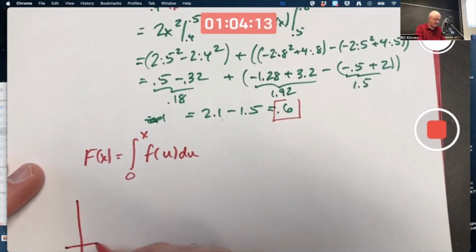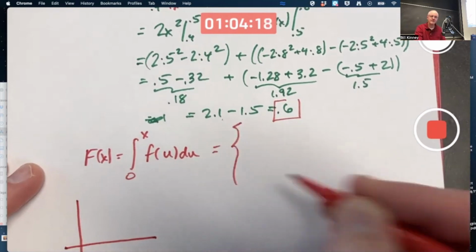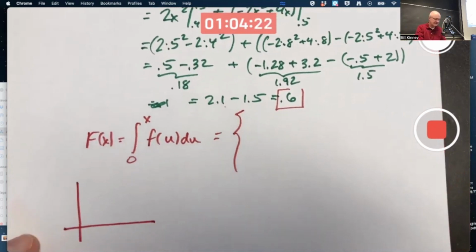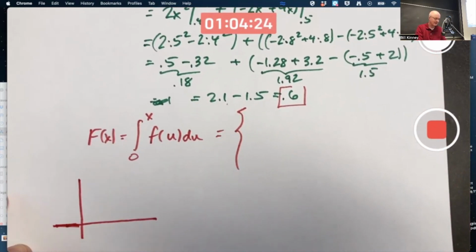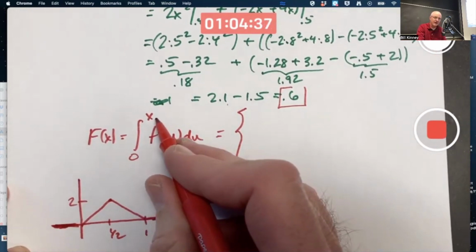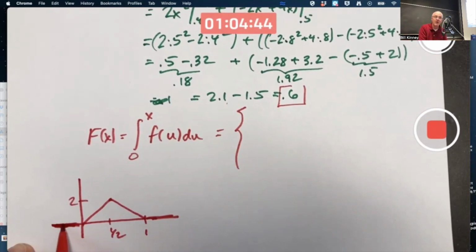And like before, we need to think about cases. This is going to be a piecewise function ultimately. The easiest case is actually when x is negative, because when x is negative, the graph over here is 0. The integral from 0 to a negative number, you could put a negative sign in front of the integral and switch the limits around, but it doesn't really matter because the function's 0 over here.